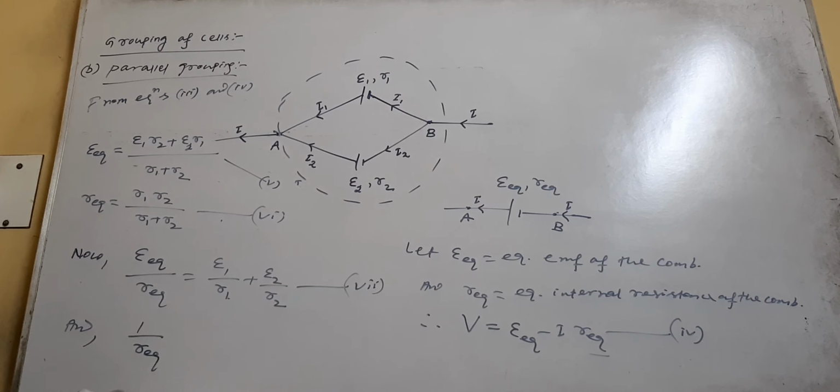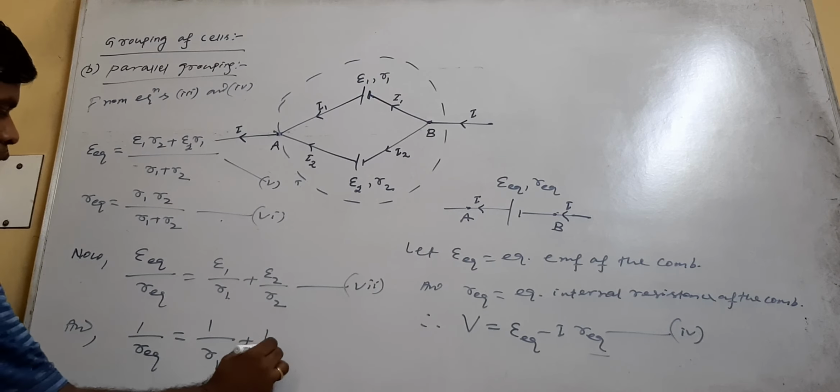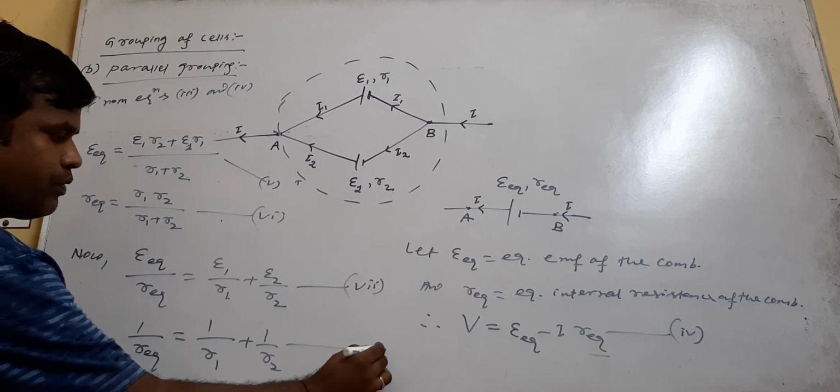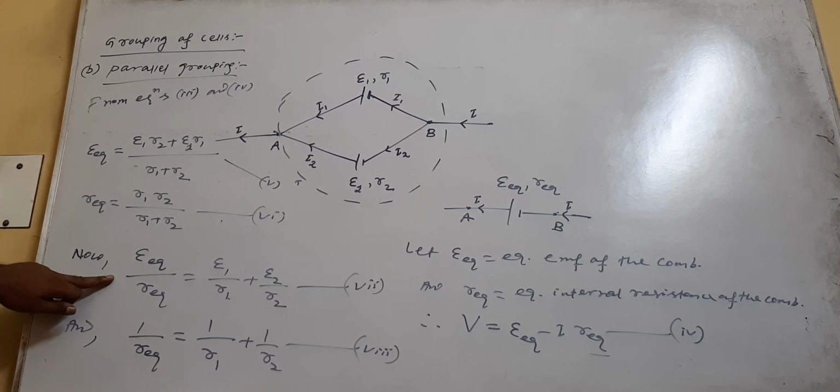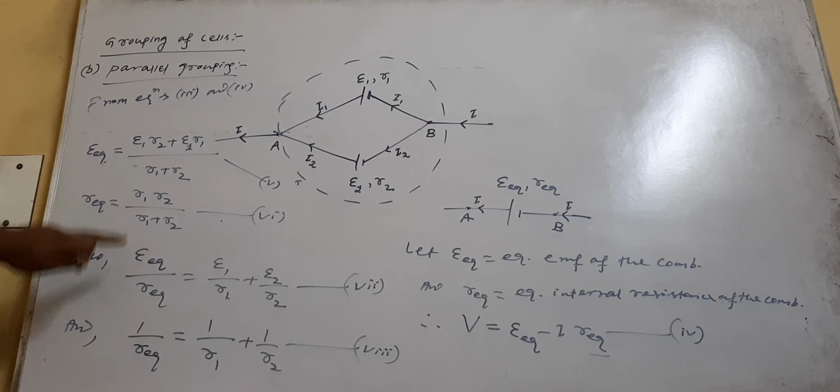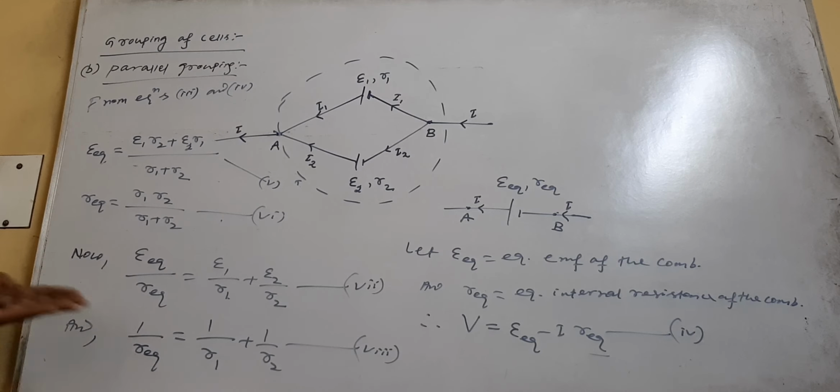This equation can be written as 1 by REQ, that is 1 by R1 plus 1 by R2. When you open this, you will get this, because it is easier to remember.